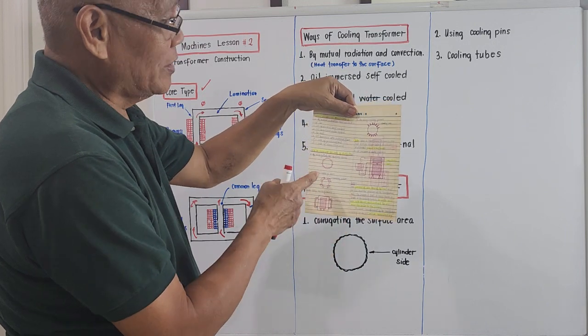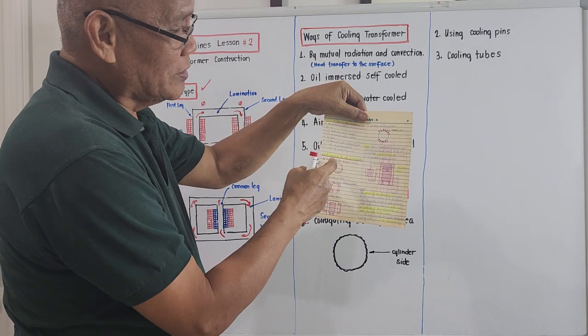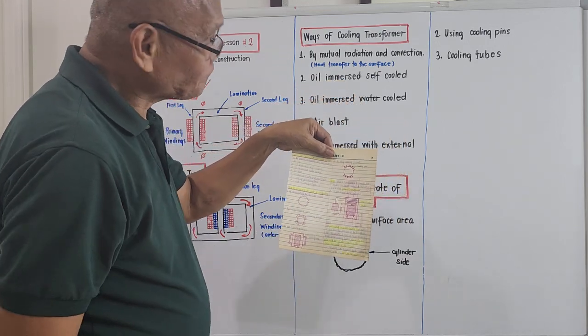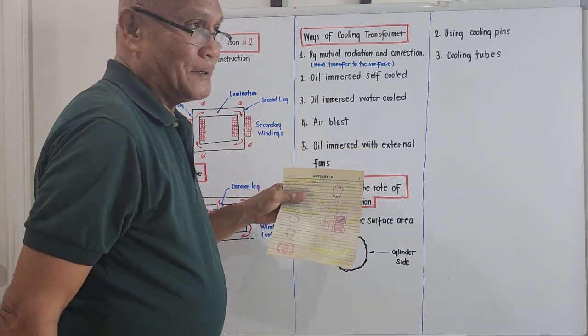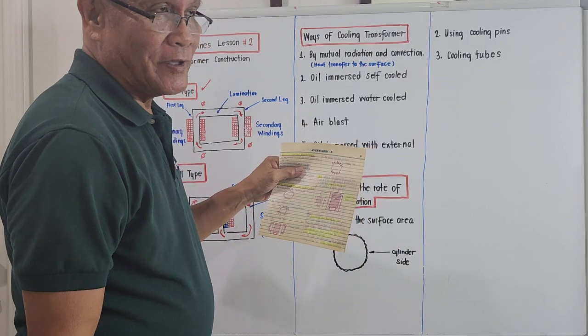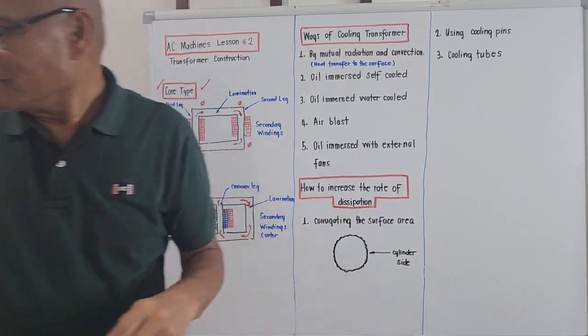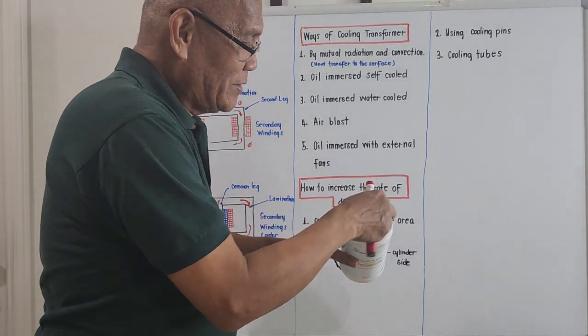Number 1 is to increase the surface area. You try to corrugate the cylinder, just like the cover of a beer bottle.